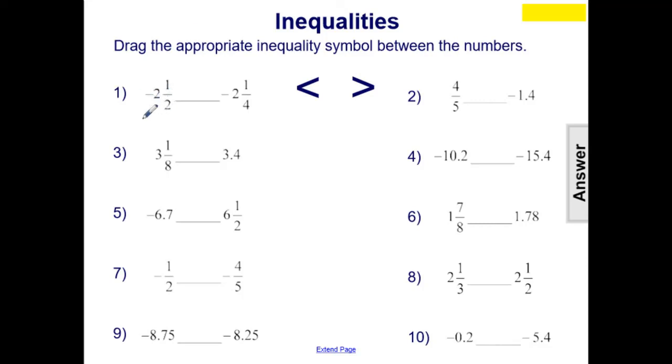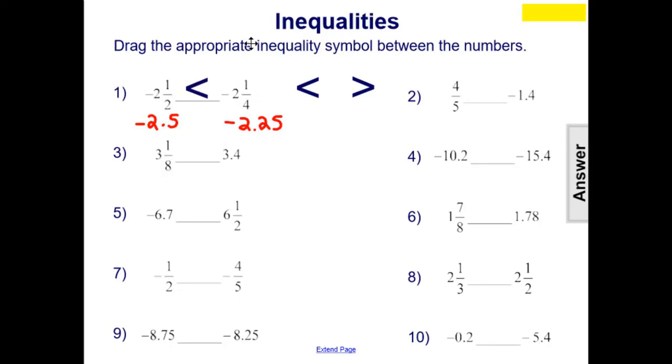So negative 2 1/2 is the same as negative 2.5. 1 divided by 4 is negative 2.25. So negative 2.5 is farther away from 0, so it's less than negative 2.25.